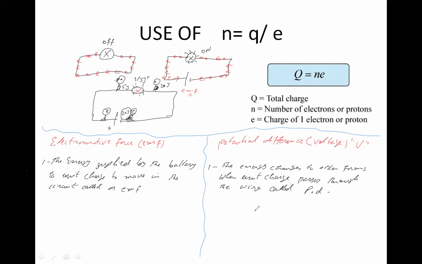Energy supplied is always EMF. Energy used or changes is the potential difference. That's all.